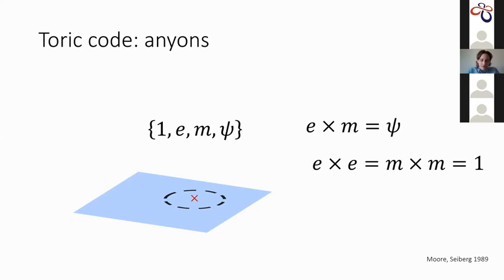One point to say about this is that these are not just eigenstate excitations of the Hamiltonian, but when you think about all local excitations, so excitations that have an energy penalty that's local in space, modulo local operators, you only get 4 different superselection classes. You can have nothing, or you can have an odd number of E's or M's or these psi's.